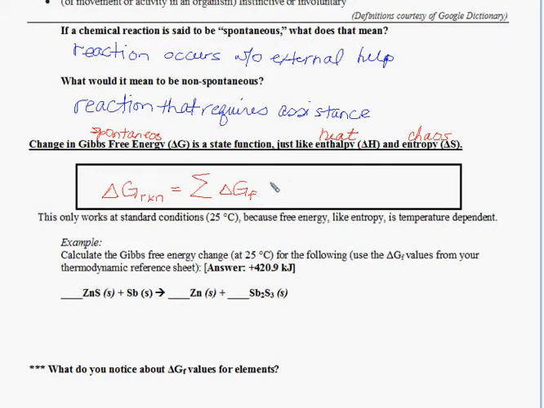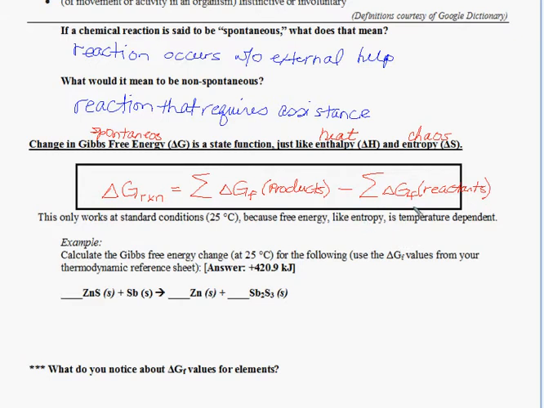Because those are listed on your table, those formations will still be taking products for this equation and then going through and subtracting the sum of all of the reactants. There are some benefits to this equation, and there are definitely some disadvantages.